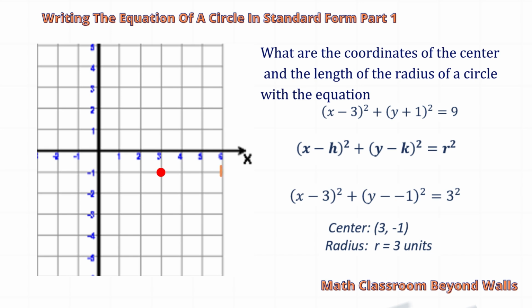Again, starting from the center, count 3 units to the left and mark where you stopped again. From the center again, move 3 units up and likewise mark where you stop. Again, from the center, move 3 units down and mark where you stop. Next, all you need to do is draw the circle using the marked points as your guide.